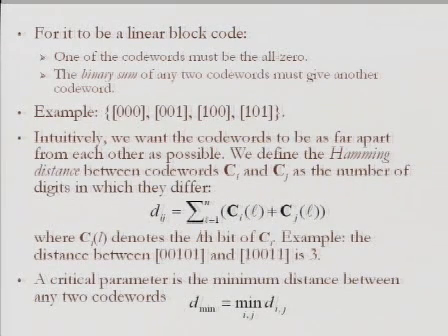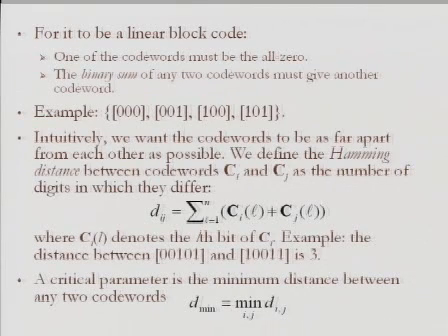So that always works. Now add the second and the third, and you get the fourth. Add the second and the fourth, and you get the third. And add the third and the fourth, and you get the second. So it satisfies both properties. So this is a valid linear block code with n equal to 3 and k equal to 2.